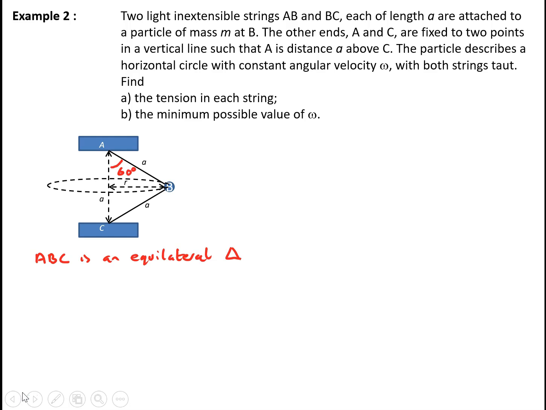If I just consider the triangle consisting of A, B, and the centre of the circle, that's a right angled triangle, so R divided by a is the opposite over the hypotenuse for the 60 degrees. R over a equals sine 60, so R must equal root 3 over 2 times a.